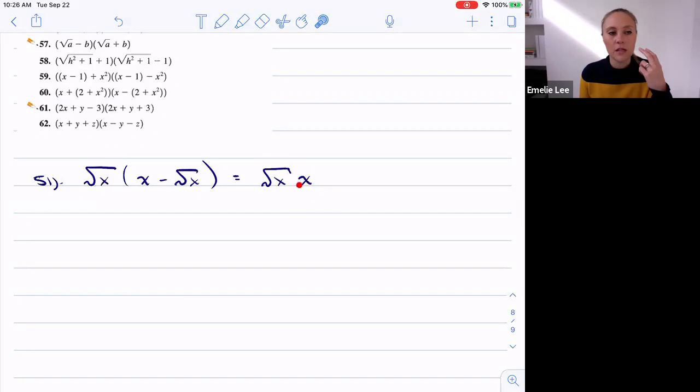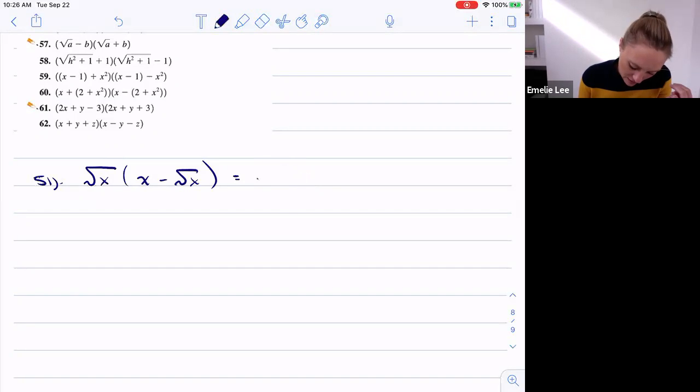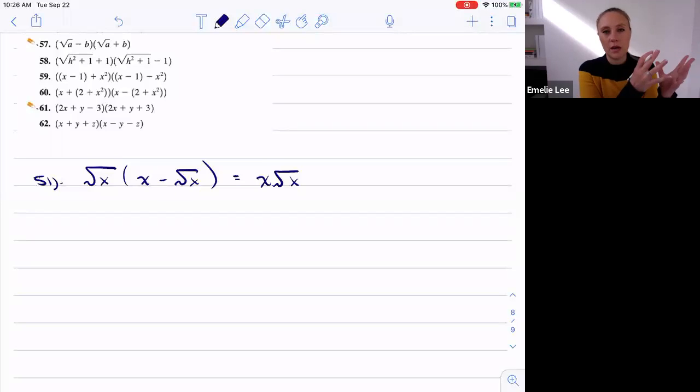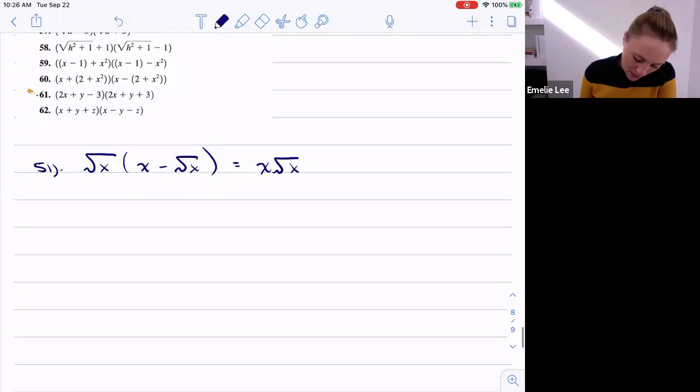And so often I'll just switch it, and instead of writing it like this, I'll write x root x, just to show that I've got x times root x, and then there's no question about what's in the square root and what's not. It depends on the flow of what I'm doing, but for the most part, if I've got a root, I'll put everything in front and then just the root.